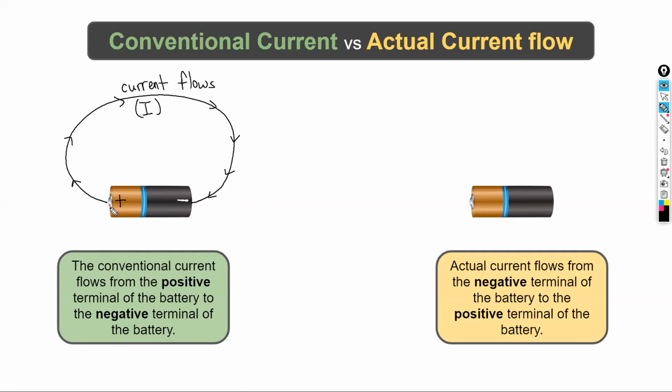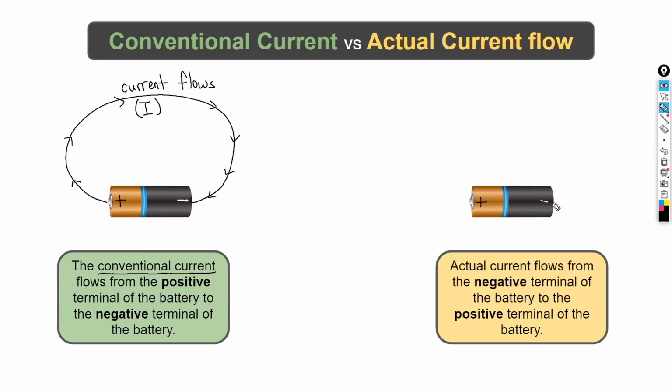However, in real life, current doesn't actually flow from positive to negative. When you pretend that current flows from positive to negative, it is called conventional current. That is what we normally assume. But in real life, current actually flows the other way.